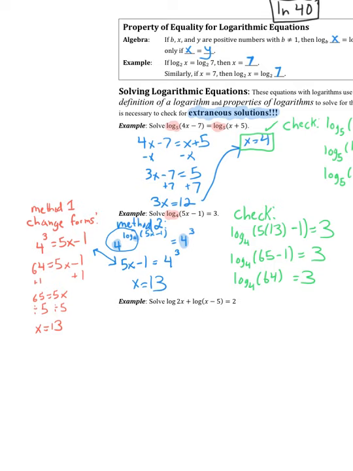It's like undoing these steps. And then minus 1, there it is. 64, there's a 64 over there. And it turns out log base 4 of 64 is actually 3. So this just becomes 3 equals 3. And it checks out. So x equals 13 is a real answer to this equation.